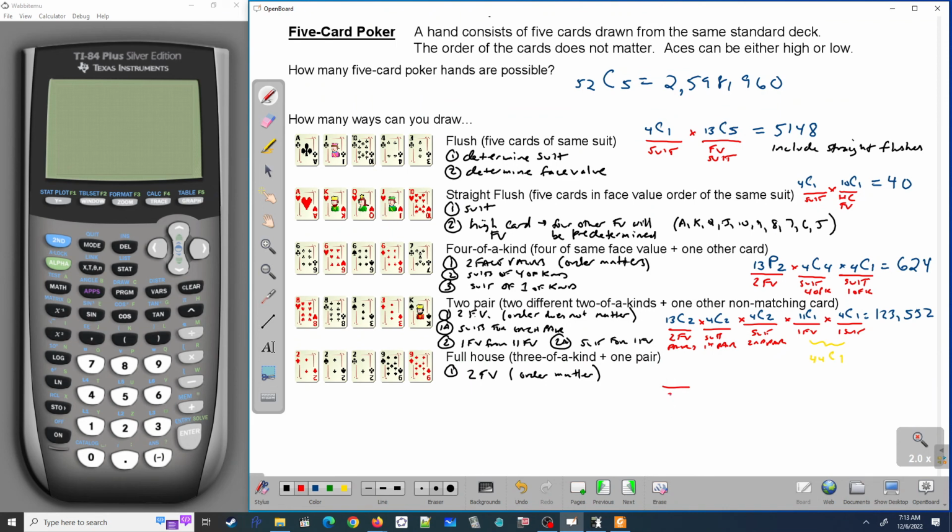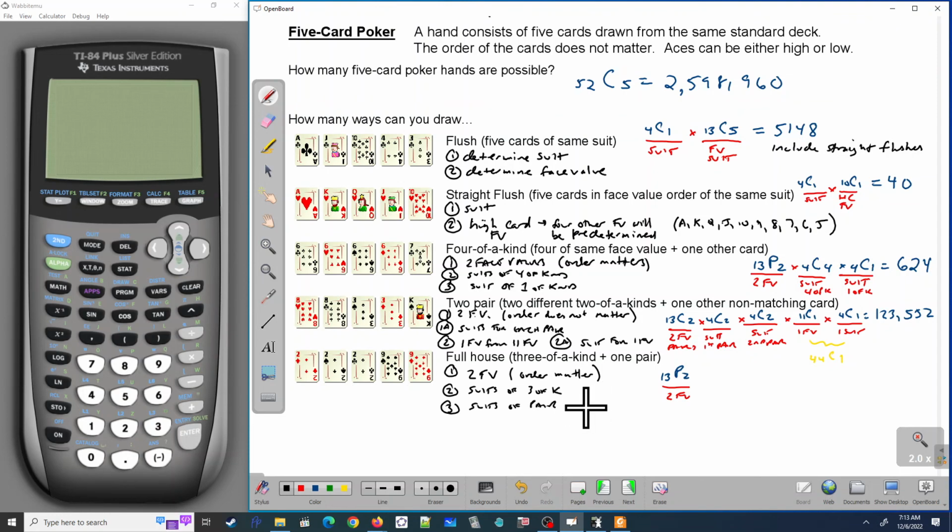So when I do my two face values, again, it's not 13C2, it's 13P2. Then it's simply suit of the three-of-a-kind, and then the other one is going to be suits for the two-of-a-kind or the pair.